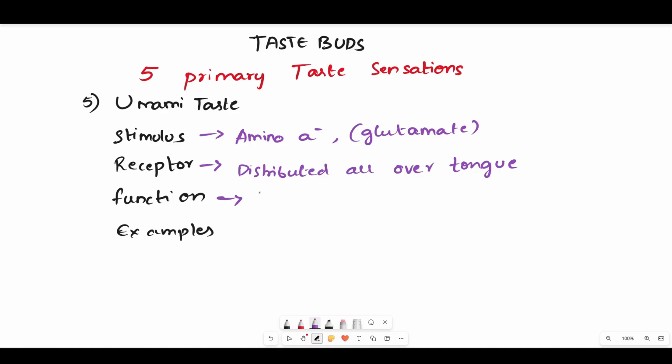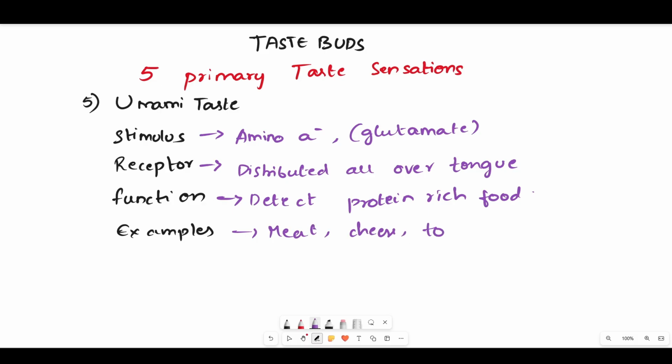The function is detecting protein rich food. The examples can be meat, cheese, or tomato. So the umami taste is mainly useful for detecting amino acids and proteins.